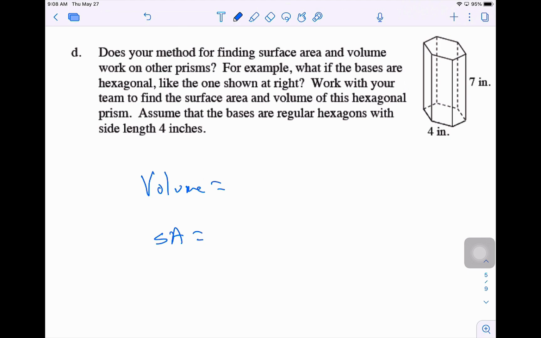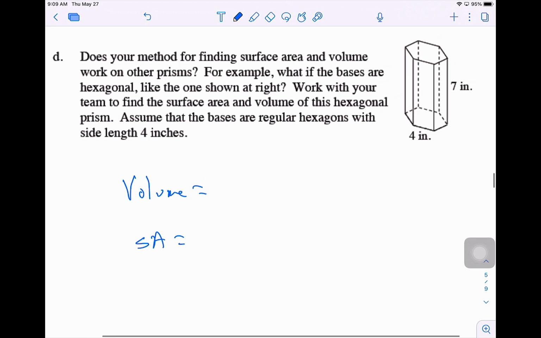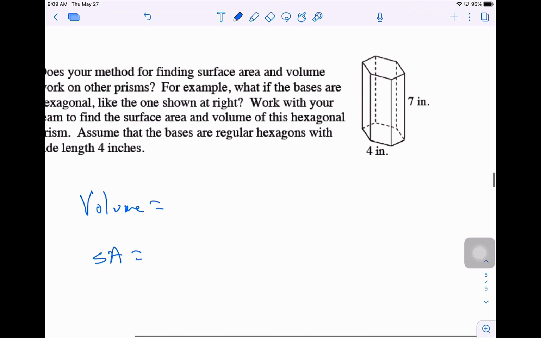All right. Let's go volume. Let's start with, what did you find for the area of the hexagon? I got 41.5. Okay, yep. I got a little bit different version in terms of rounding, but the area of the hexagon should be approximately 41.57.